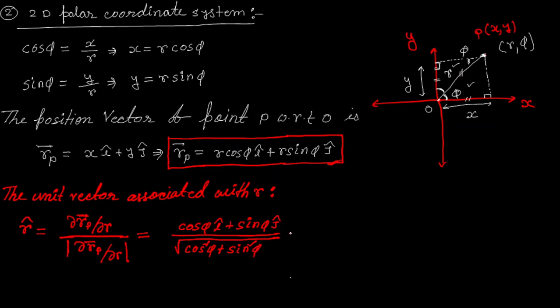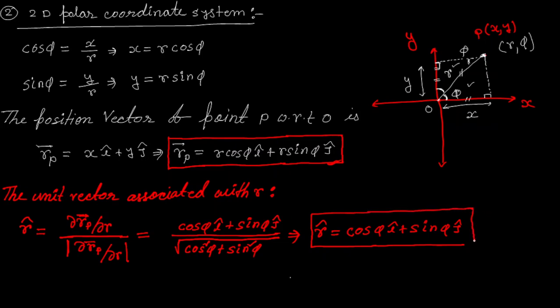Now cos square phi plus sin square phi is 1. So finally r cap is equal to cos phi i cap plus sin phi j cap. This is the unit vector associated with variable r, and we represent it by r cap.